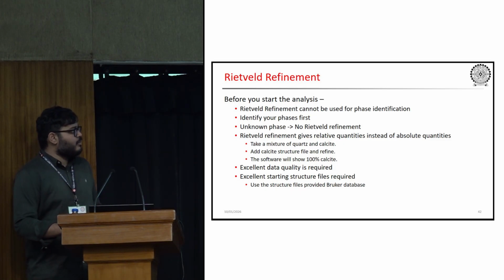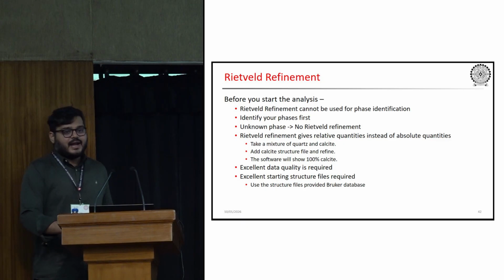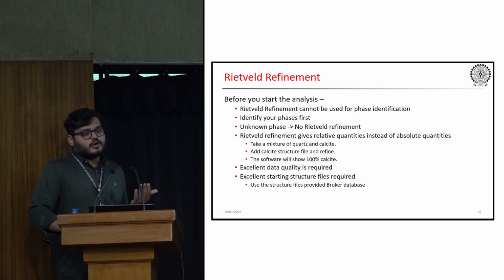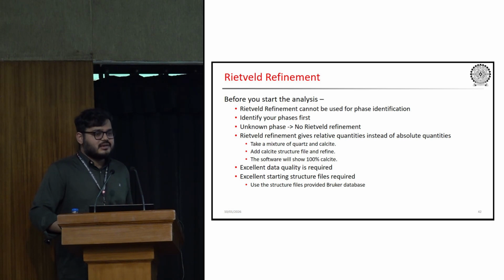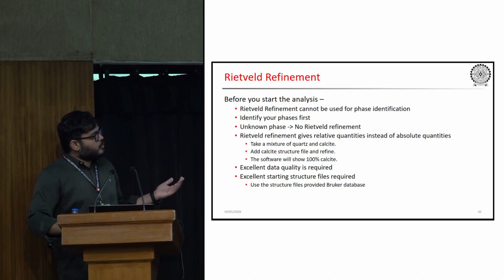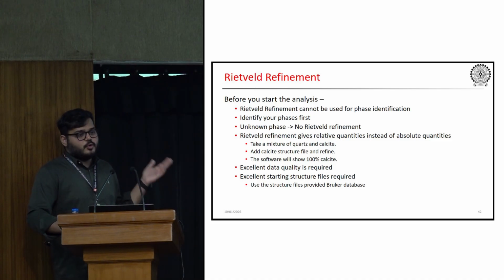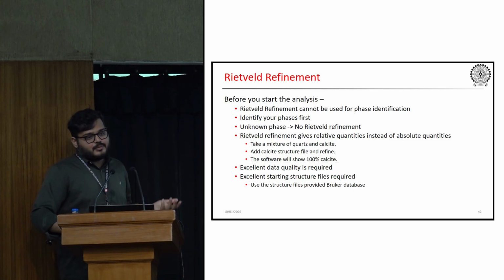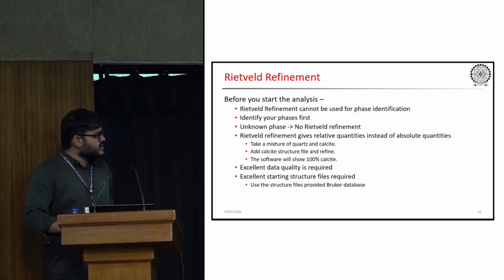For example, if I have a mixture of quartz and calcite, and I am just adding calcite to the structure and refining it, my Rietveld software will tell me my sample contains 100% calcite. So if you don't put in all the correct structure files, if you don't do a correct phase identification, your Rietveld refinement is going to give very erroneous results.